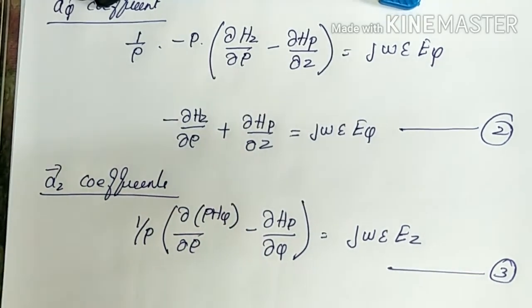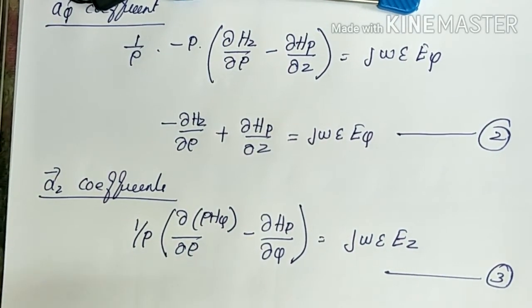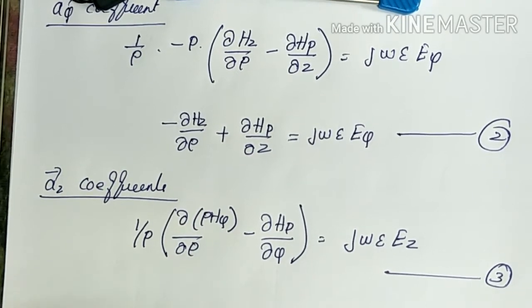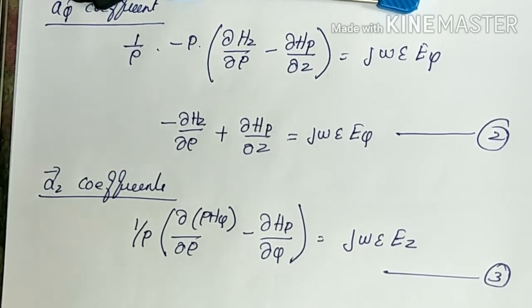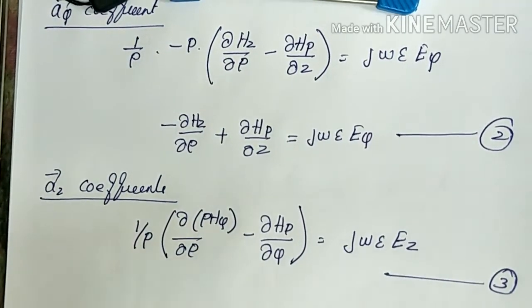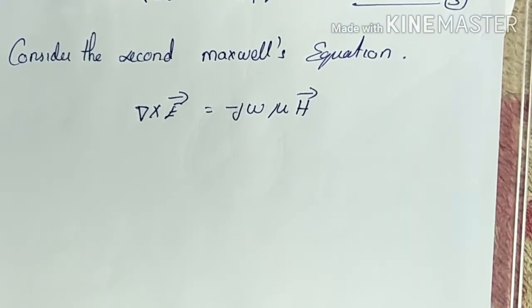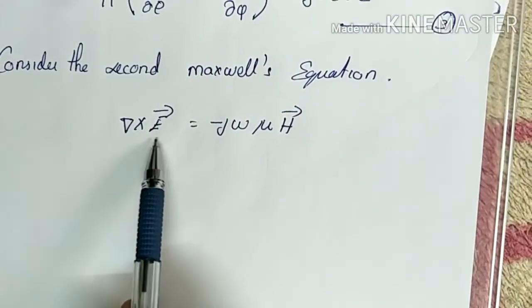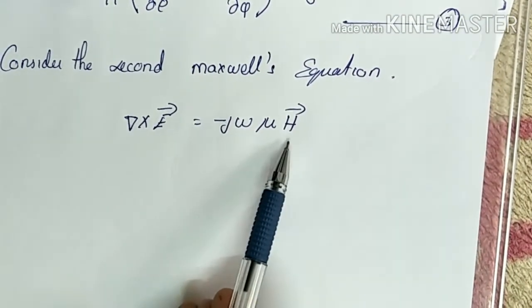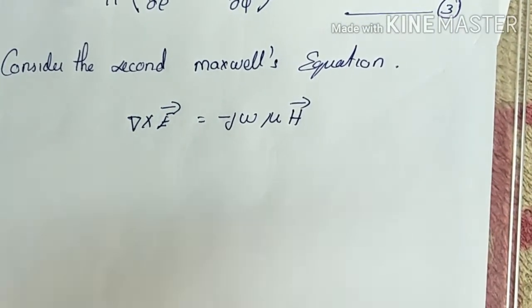Now similarly do it with Maxwell's second equation. The second Maxwell's equation: del cross E vector is equal to minus j omega mu h vector. Now expand this in the form of the cylindrical coordinate system.